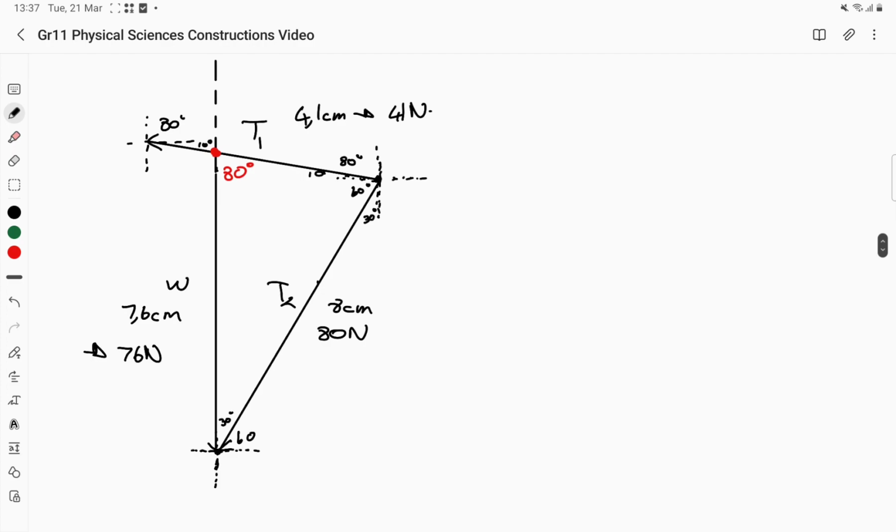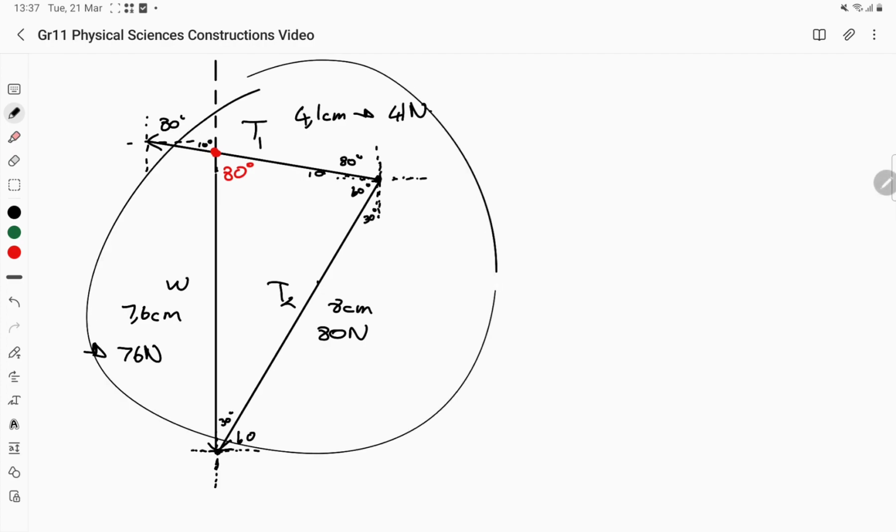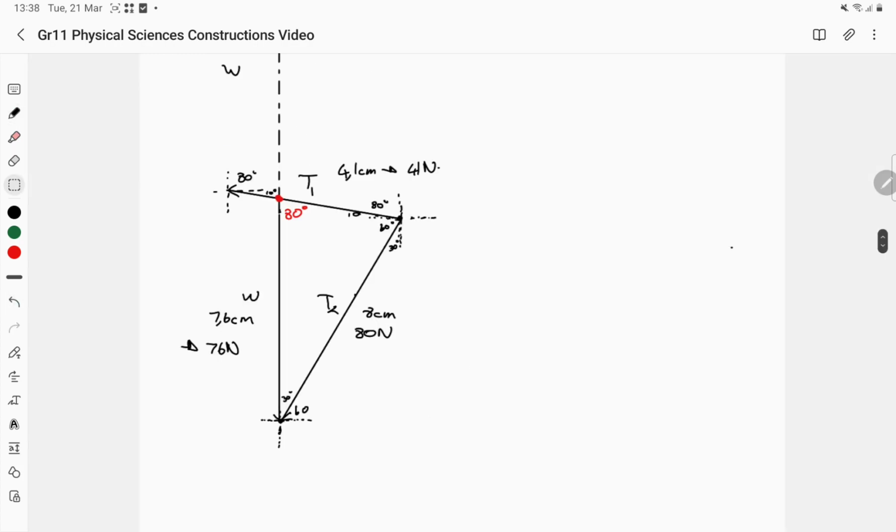Now, oh, by the way, before I carry on, this can actually be mirror imaged. Hold on. Right, so I couldn't actually rotate the thing. So anyway, if your diagram looks something like this, I'm trying to mirror image this thing.